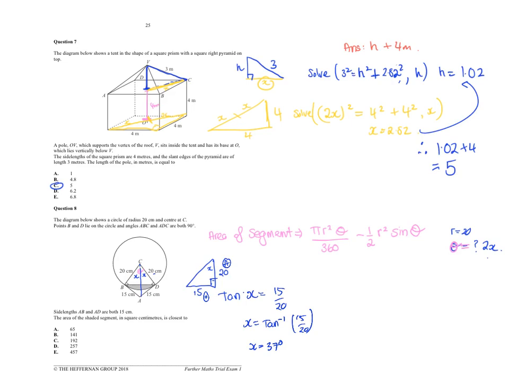So therefore this pink angle must be this one times 2, so we get 74 degrees, and we can pop that up in here now. So we've got pi times 20 squared times 74 over 360 minus, and off you go, and you get your answer, which is 65.